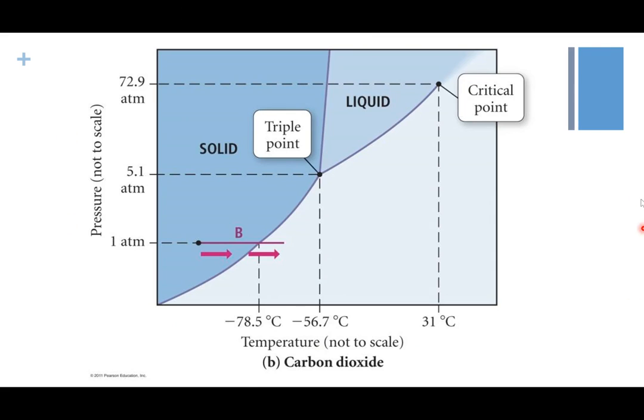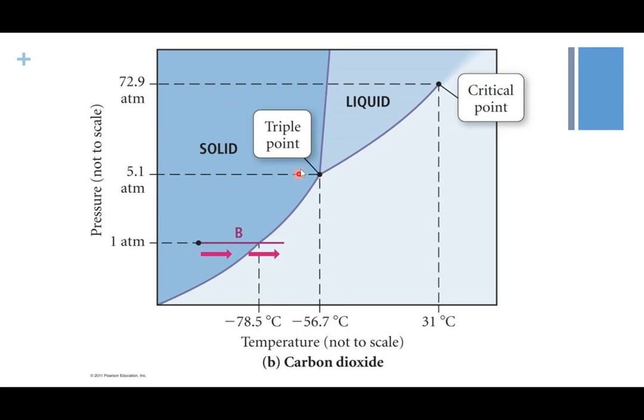If we look at the phase diagram for carbon dioxide, we'll see the same thing at 1 atm. So at 1 atm of pressure, we see that carbon dioxide is a solid, and boom, it goes straight into a gas. It doesn't enter the liquid phase until we increase the temperature to 5.1 or above.